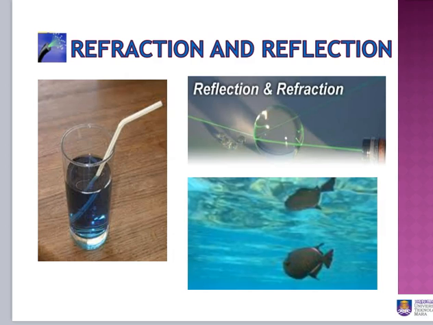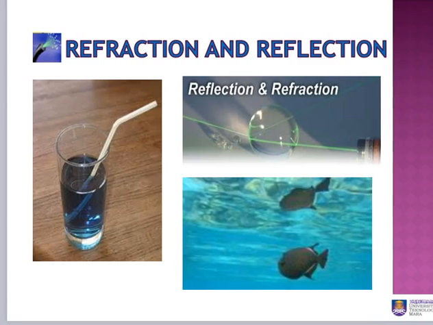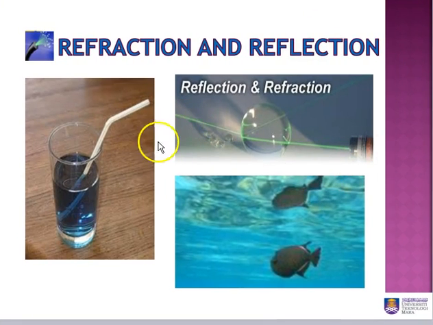Now we will look into the refraction and also reflection. Refraction, if you can see from this figure, the straw in the water looks like it is bent, but it's actually refracted.